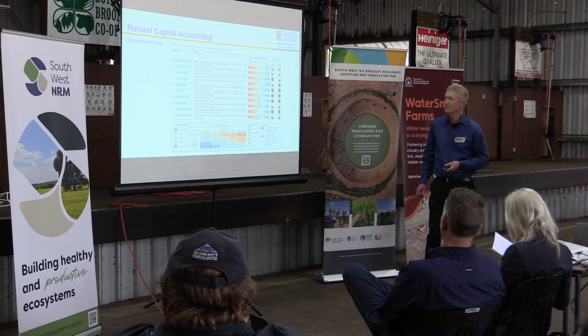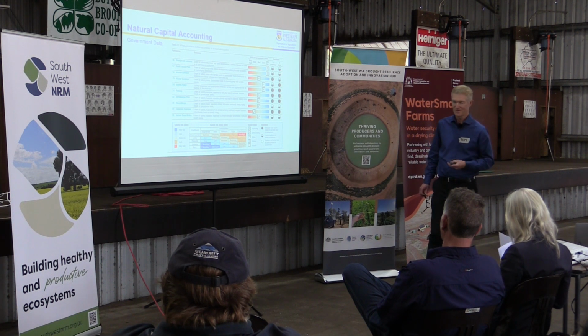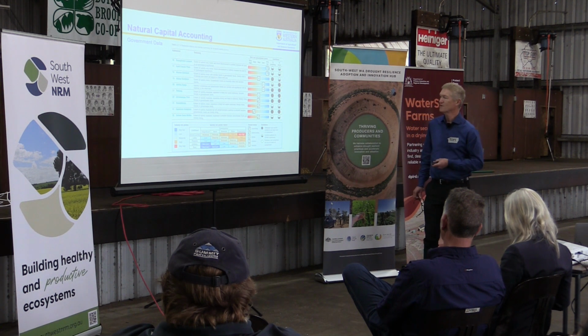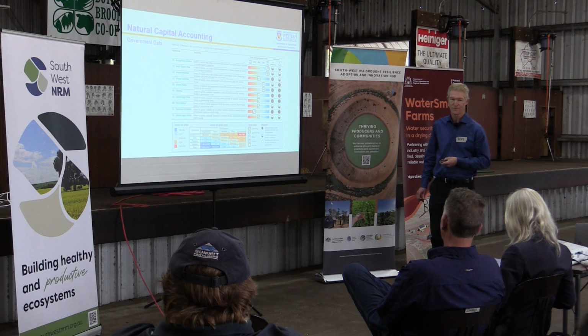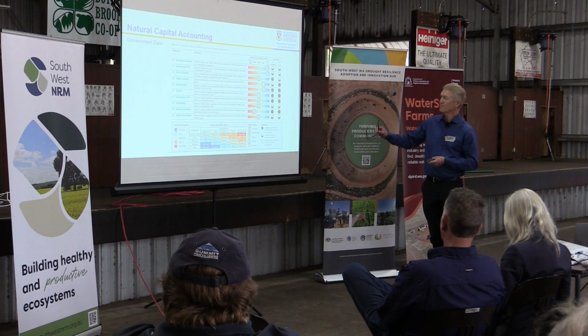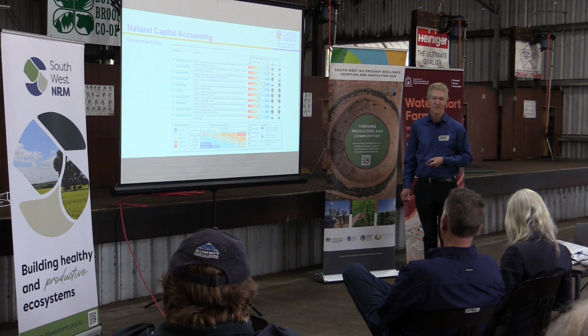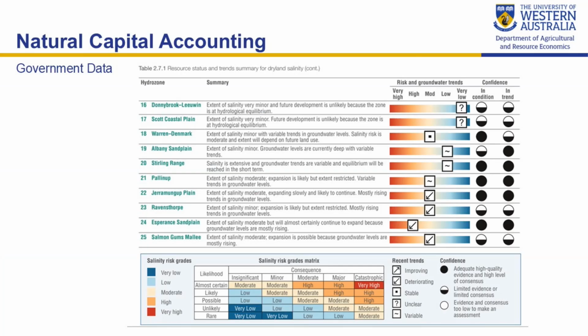One thing I want to mention, coming from government, is the importance of government data in all of this, in particular for natural capital accounting and also for investment. It's really important to have confidence in the data that's been looked at and assessed and considered for investment purposes, and so the government has a critical role to provide the standards, and here are some examples of reports that they've provided over the years.